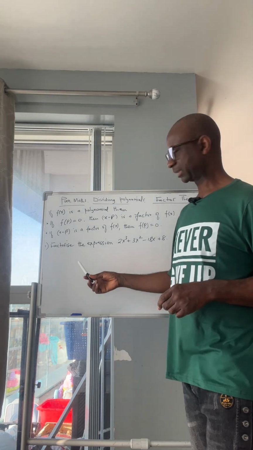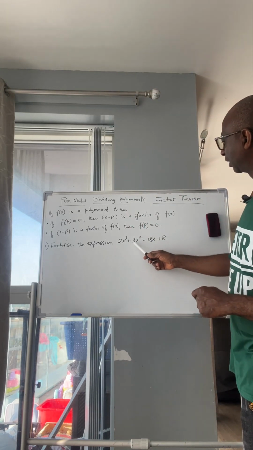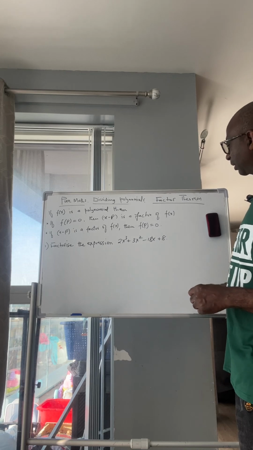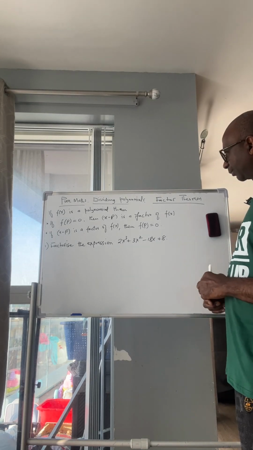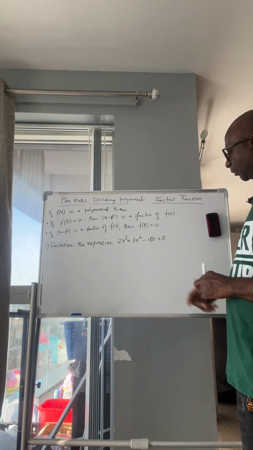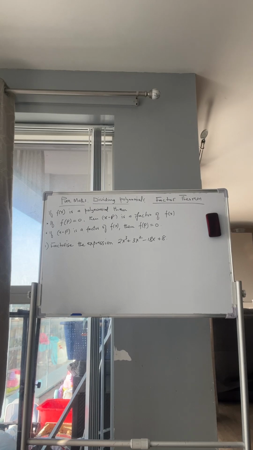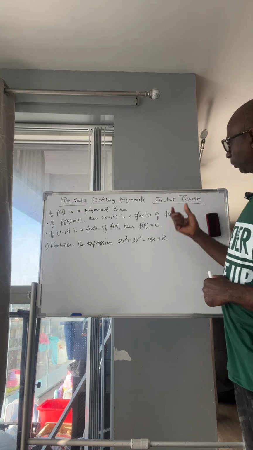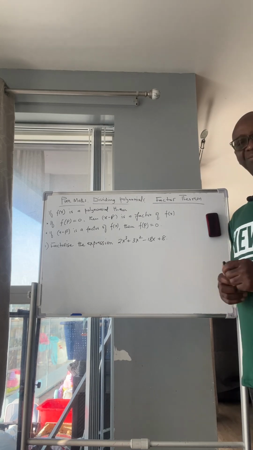Here the problem asks us to factorize the expression 2x cubed plus 3x squared minus 18x plus 8. They want us to factorize this function. We are now going to use the factor theorem to do that.